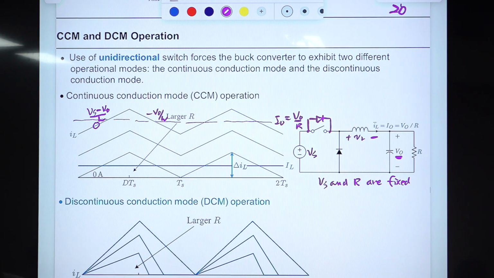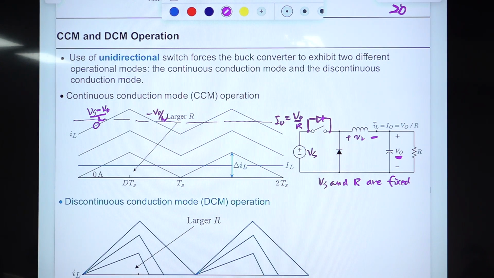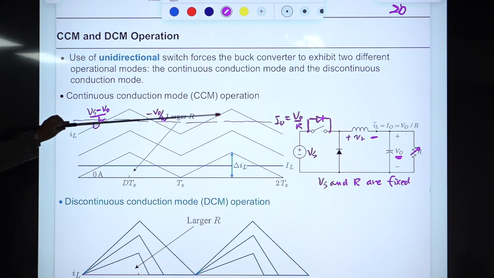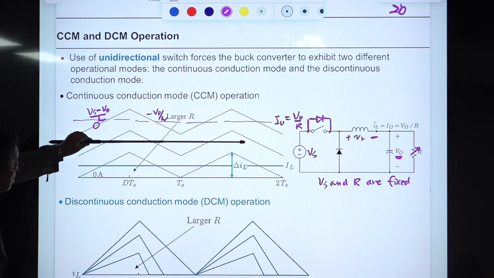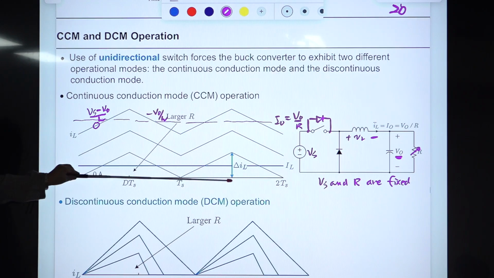Now you are increasing this resistance R. If R is increased, then the average value of this inductor current will be decreasing gradually. If we increase R gradually, it gradually goes down like this, and there is some instant, this one, which is a very critical instant.